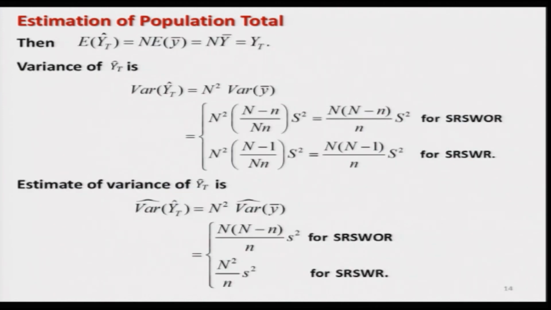And once you do this, there is no problem in establishing the unbiasedness, because the expected value of Y_T hat will become simply N times the expected value of y bar, which is N times capital Y bar, which is the same as Y_T. So, there is no issue under SRSWR and SRSWOR.